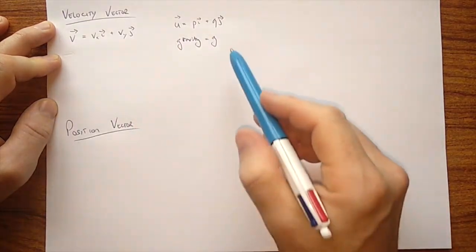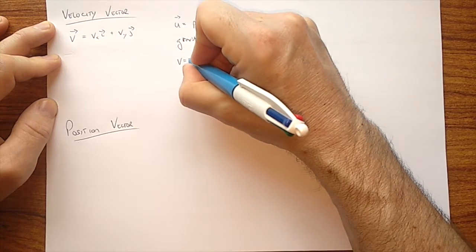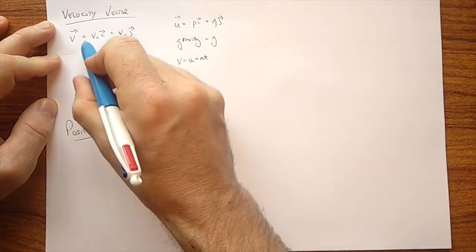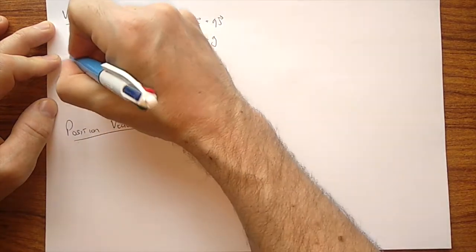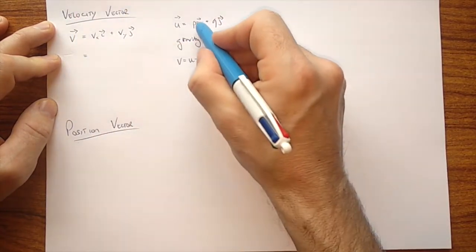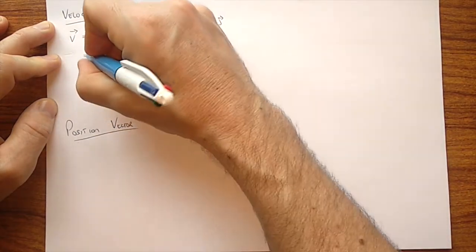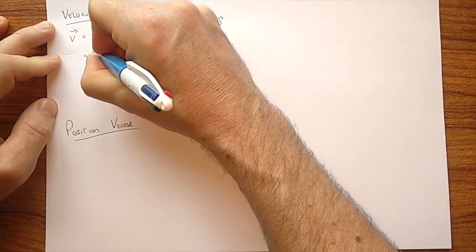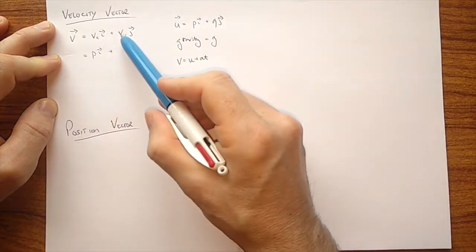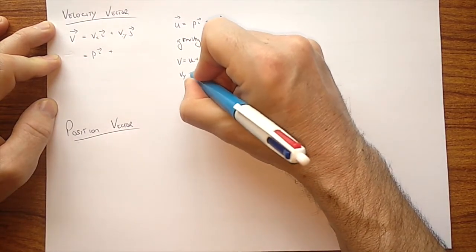Okay, so how do we actually figure these things out? Well, using the equation v equals u plus at, we can sub it back into here. So a velocity vector, well, v in the x direction is going to be p is the actual velocity, and there's no acceleration, so that is going to end up being pi. If we look at our velocity in the y direction, a little more complicated, so we'll write this one out.